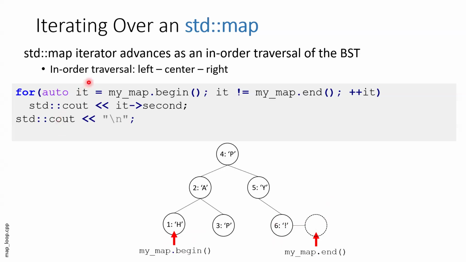The in-order traversal will start from the leftmost and go 1, 2, 3, 4, 5, 6, then end. And when we call find, it will return the iterator to whichever element is being found, or it will return my_map.end.